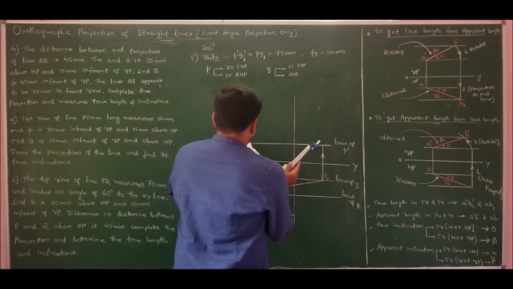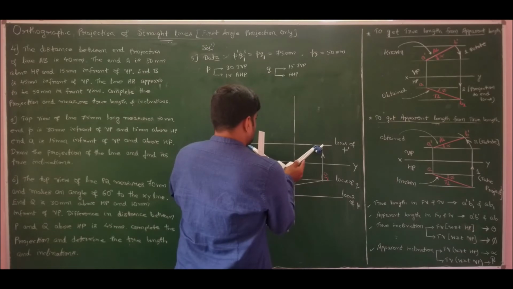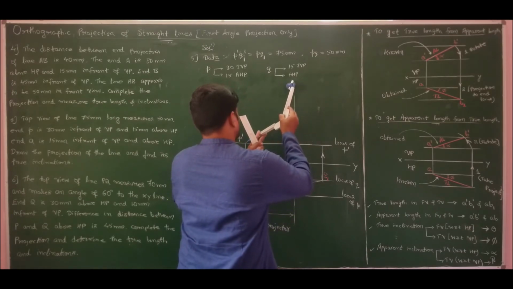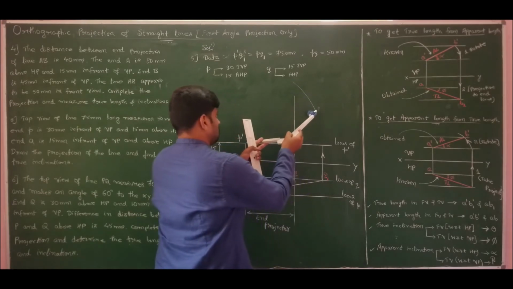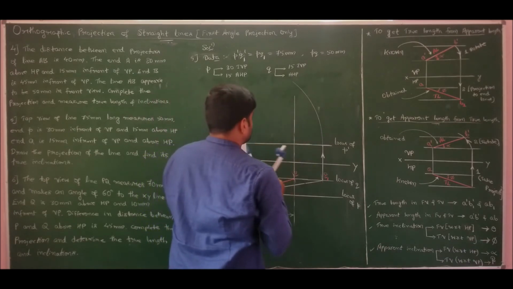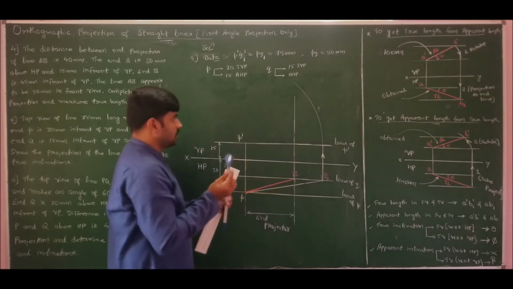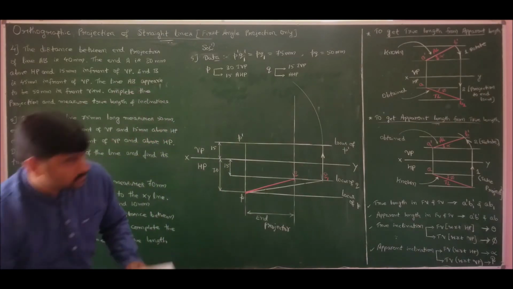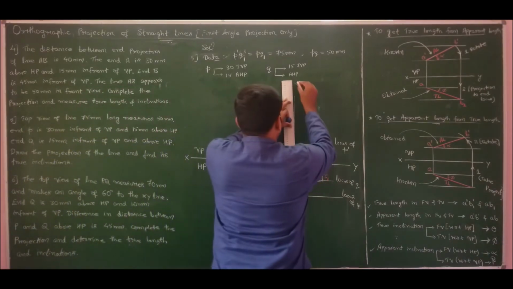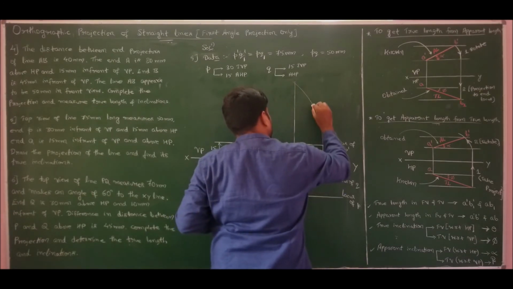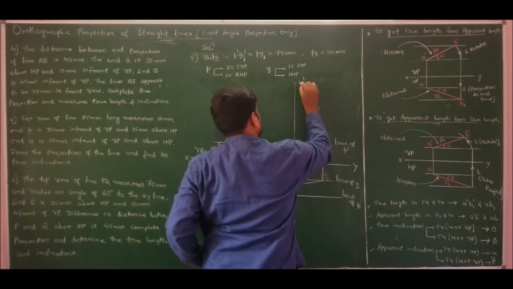So rotate this. Thereby I got point Q dash.